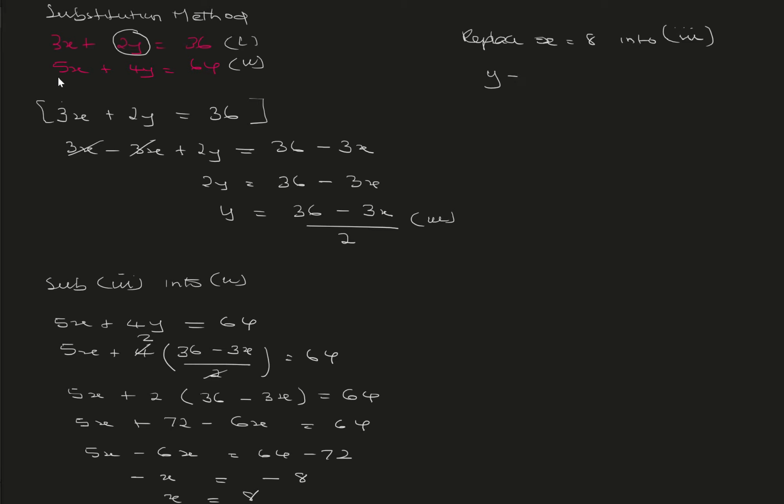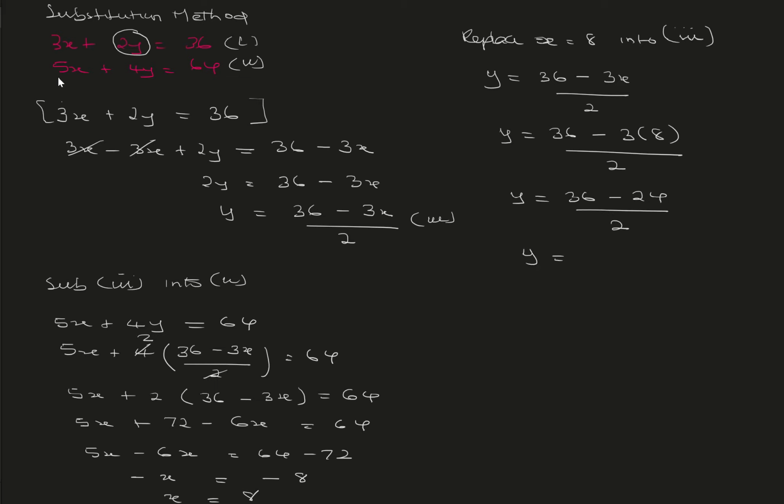So again, I carefully write down this equation, minus 3x over 2, right? So then I just do y is equal to 36 minus 3. Now I substitute my 8 in there and divided by 2. So y is equal to 36 minus 24. And then we have over 2.